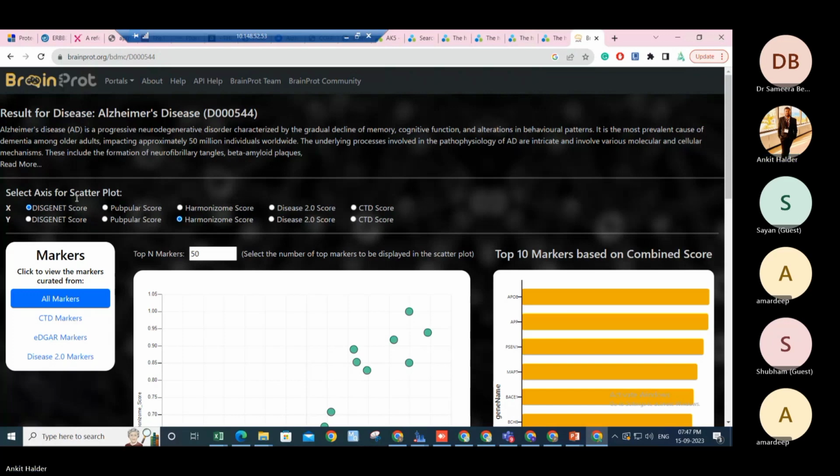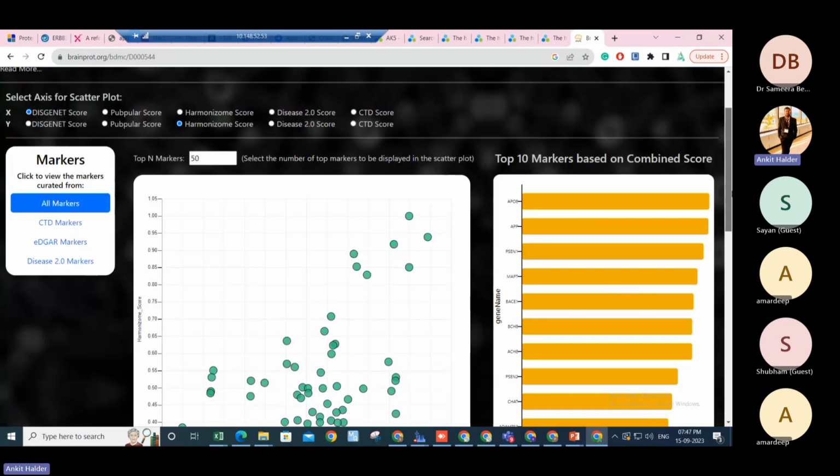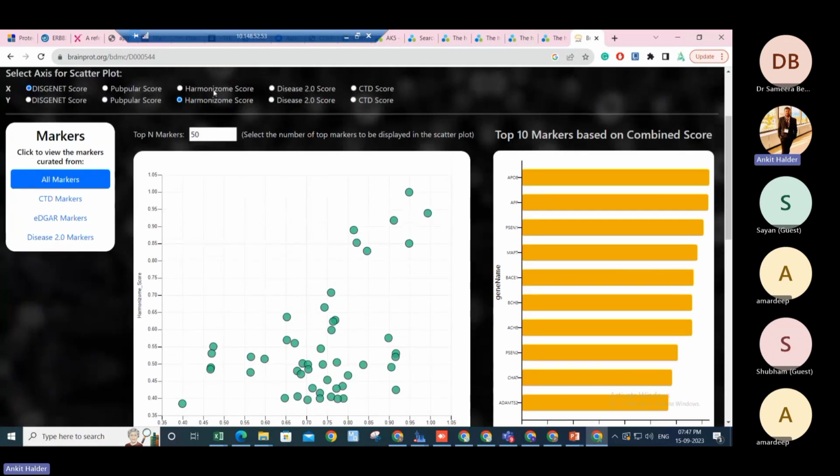Here one can visualize the scores that these different algorithms give for the markers of a disease. You can choose accordingly and find out.